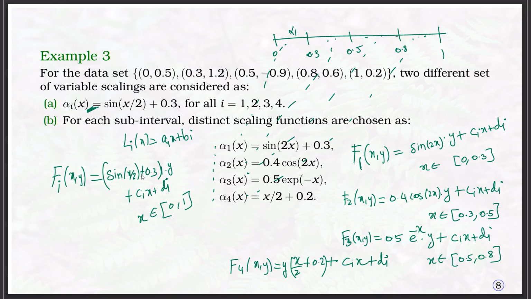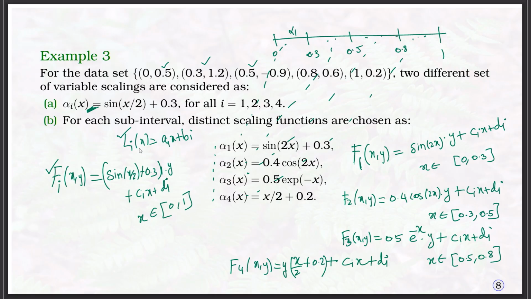Now, this is one iterated function system and this is another iterated function system. So, by using the data points and the initial condition, one can find the contraction factor of the mapping Li as well as the mapping Fi and all the mappings F1, F2, F3, F4.